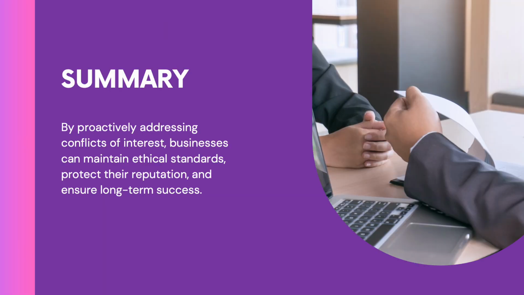So let's summarize what we've talked about. In this presentation, we explored the concept of conflict of interest and the implications in a business setting. We began by defining conflict of interest and identifying common examples such as self-dealing, favoritism towards family and friends, and outside employment that competes with the business goals.